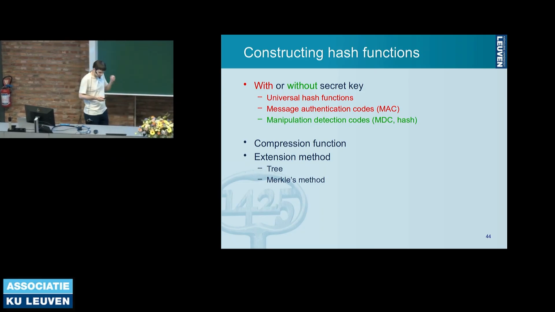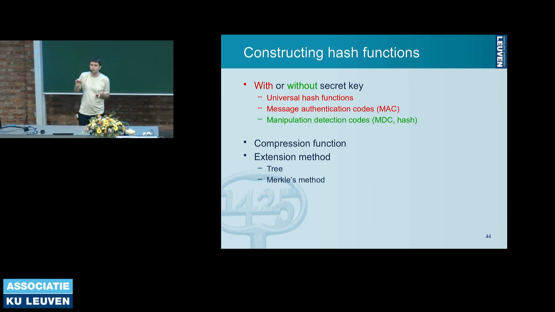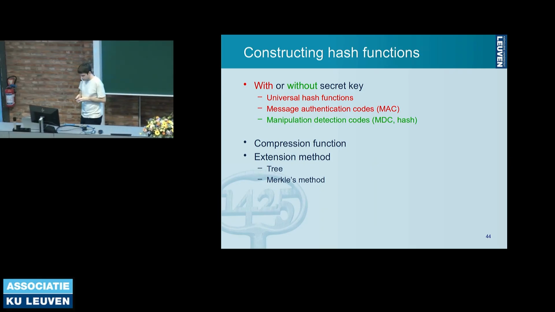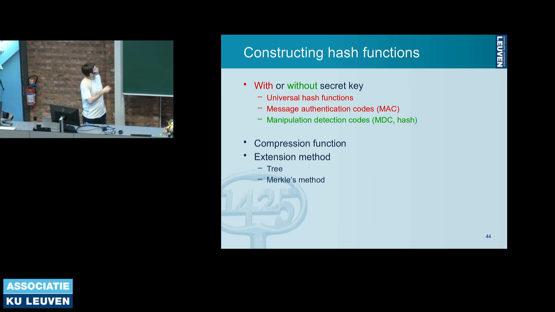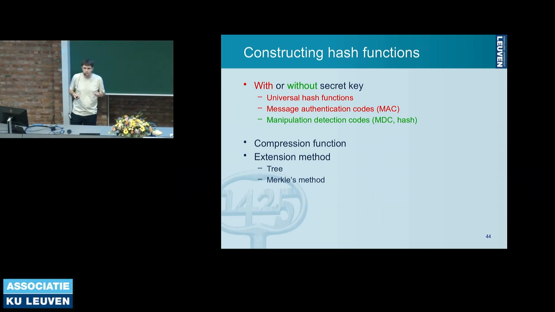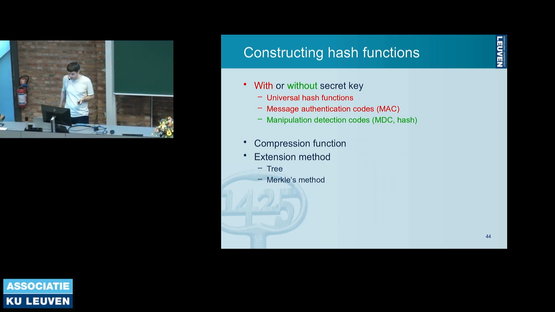There are different things that are all called hash functions, but are actually quite different depending on whether or not they have a key, and I'll discuss each of them. First you have something called a universal hash function. This is a hash function that is used with a secret key, but the secret key should only be used once in principle.